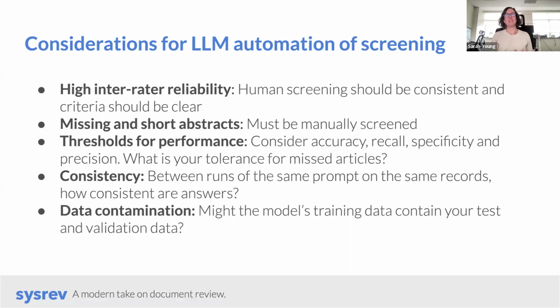So it's important to consider when you're developing your test and validation data sets for designing your prompt that it's not something that would be in the model's training data, ideally maybe unpublished review data.